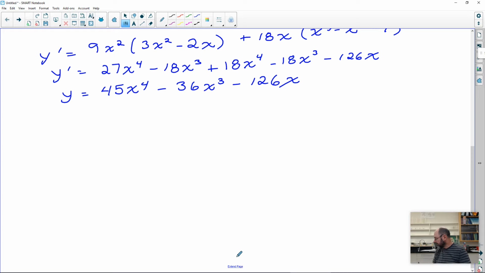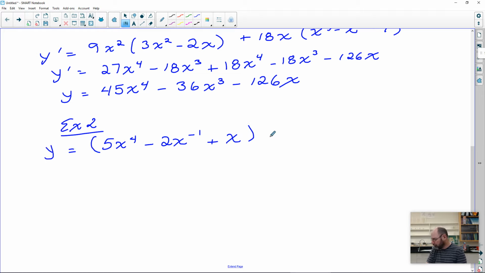Let's say that we have 5x to the fourth, minus 2x to the negative 1, plus x, times 3 times the fourth root of x. Let's use the product rule for this one.